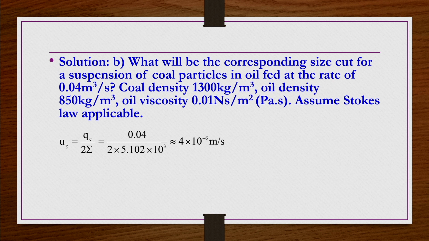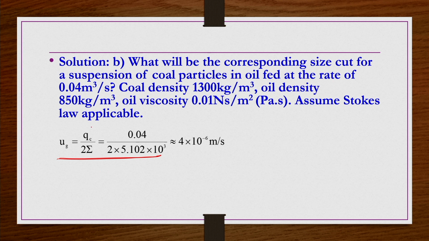The other equation, equation number 10 for Qc in terms of R1, R2, V, omega etc., is not possible to use, because omega is not given here. So we calculate dpc by a different approach, using Qc equals 2 sigma Ug.